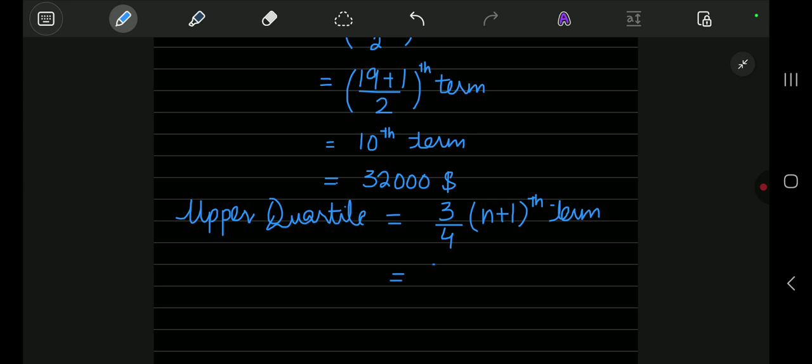So 3 over 4 times 19 plus 1, which is 20. Just calculate this together, and it will give you the 15th term.